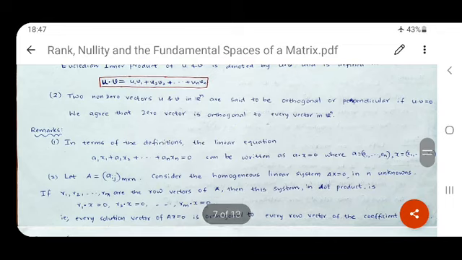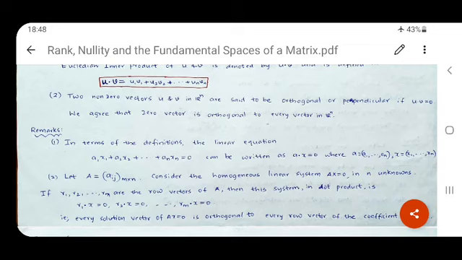We have certain remarks. In terms of the definitions, the linear equation a1x1 plus a2x2 plus etc. plus anxn equal to 0 can be written as a dot x equal to 0, where a is the vector a1, a2, etc. an, and x is the vector x1, x2, etc. xn, both elements of Rn. As a second remark, let A be an m-by-n matrix Aij.